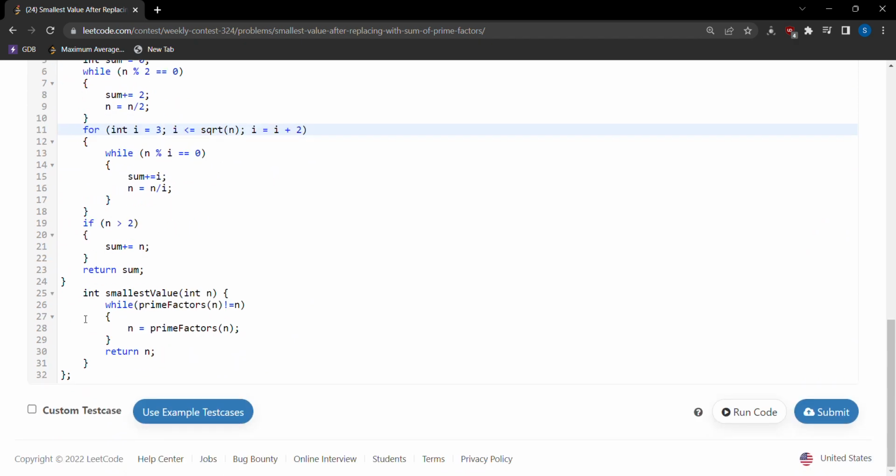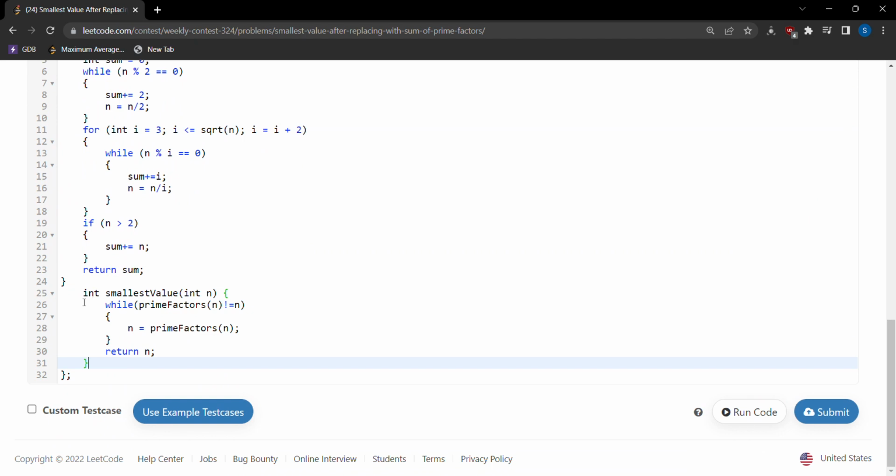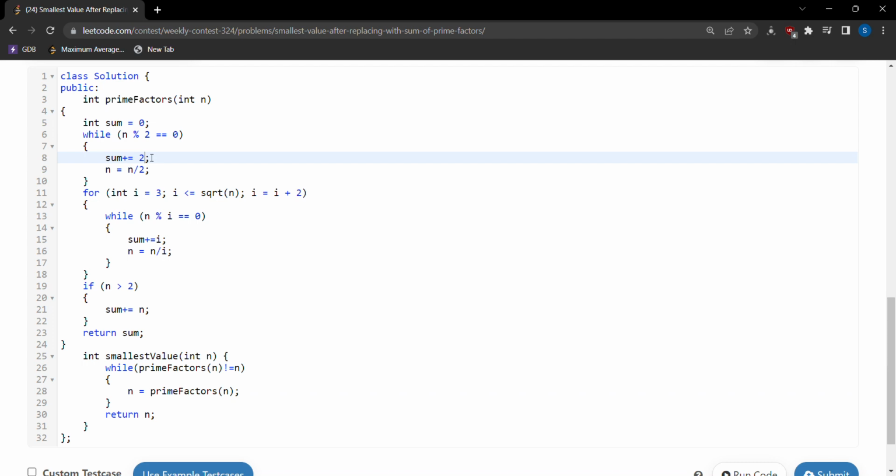Now in this question, this was the given function that we need to make. For this I have created a function, prime factors. In this one I have initialized an integer sum equal to 0. Now, while n percentage 2 is equal to 0, and this is the basic method.